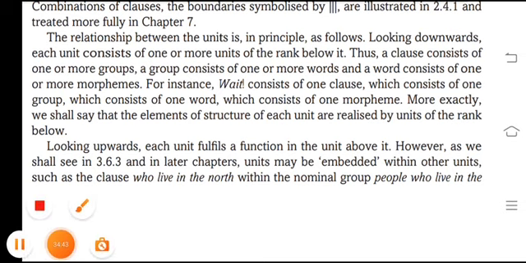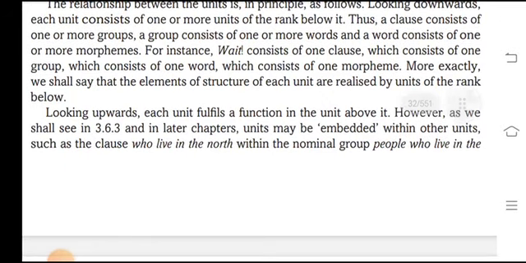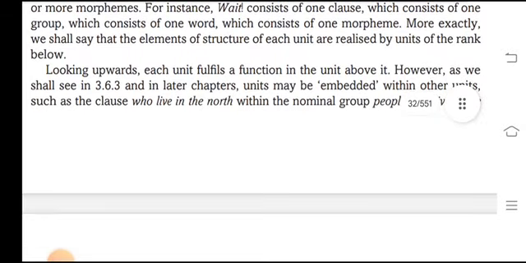The relationship between the units is, in principle, as follows, downwards. Each unit consists of one or more units of the rank below it. Thus the clause consists of one or more groups, a group consists of one or more words, and a word consists of one or more morphemes. For instance, weight consists of one clause, which consists of one group, which consists of one word, which consists of one morpheme.